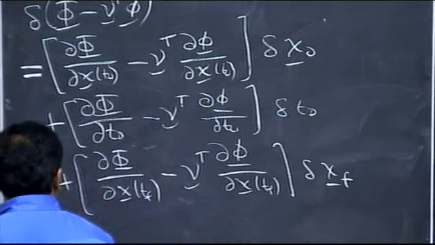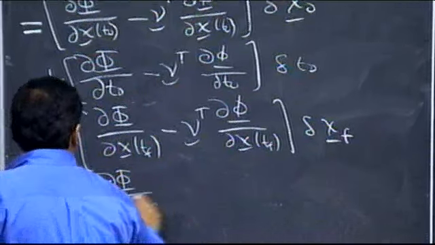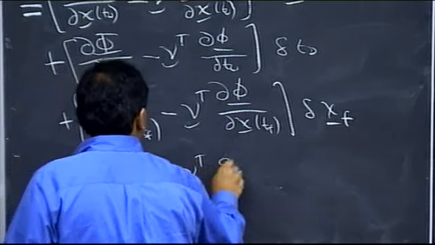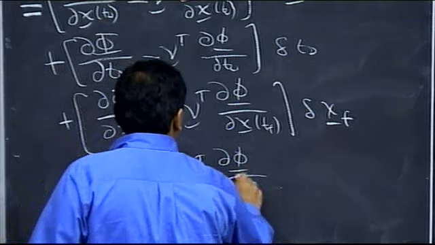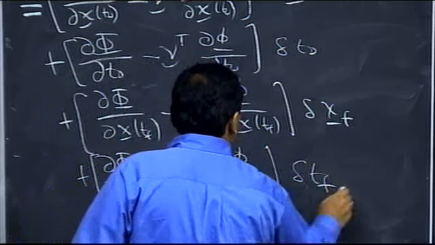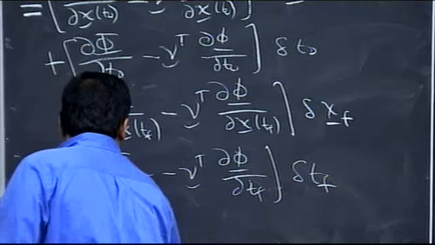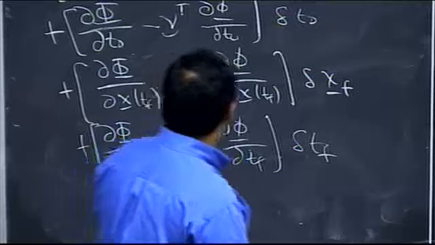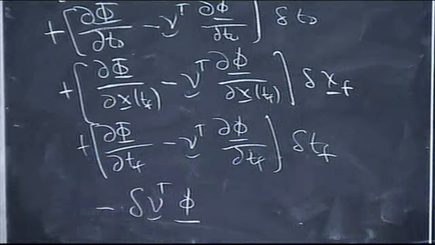And then I've got plus the partial of phi with respect to tf minus nu transpose times the partial of little phi with respect to tf. This whole thing times the variation in tf. And then I've got minus the variation in nu transpose phi. Okay? I'm going to leave that on that board.